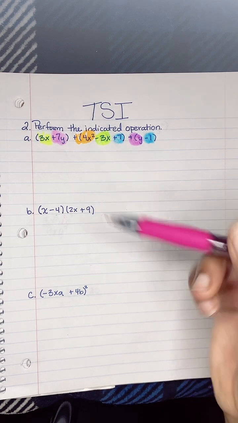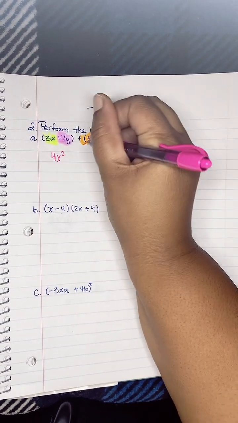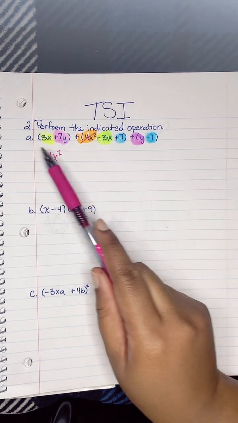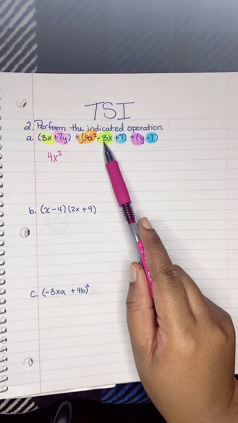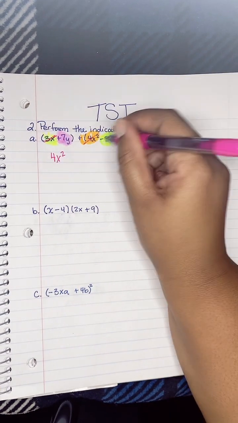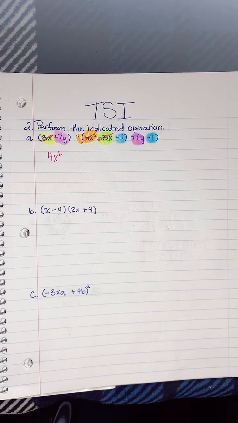So we only have one orange, so we can drop it down. 4x squared. Okay. Now we have 2 yellows, but we have a 3x minus a 3x. So 3 minus 3 goes away to 0. So this cancels. Okay. Can you guys put in the chat, what do we get for our pinks? What is our pink answer going to be?